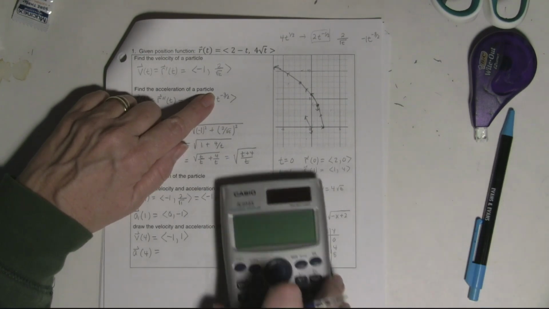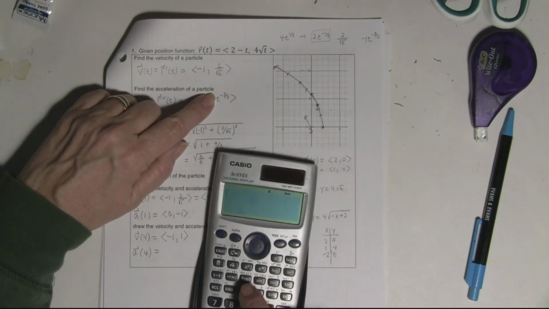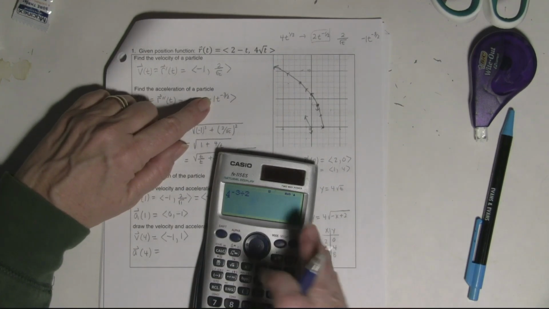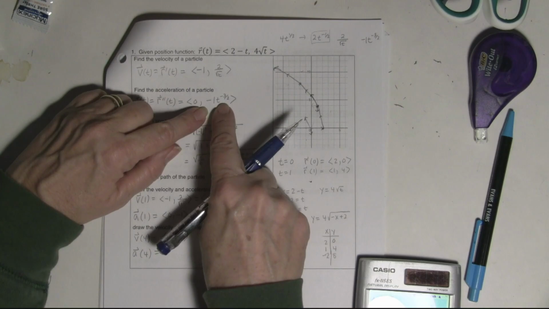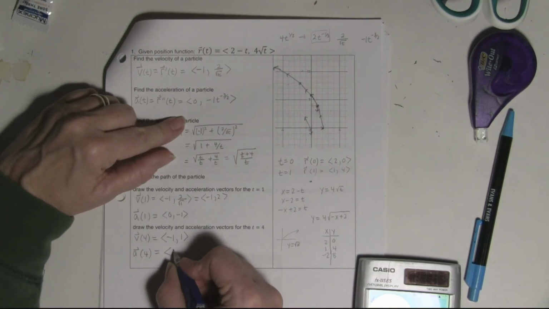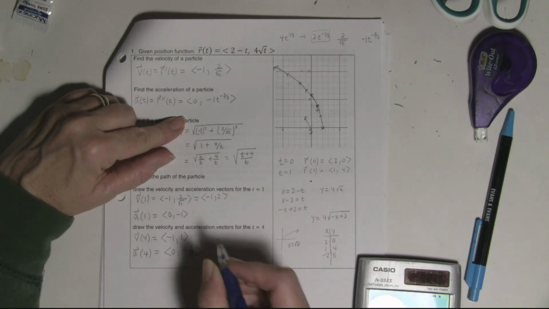Let's put 4 raised to the -3/2 in our calculator. And we get -1/8 because it's -1 times that, which was 1/8. So here we're getting 0 and then -1/8.